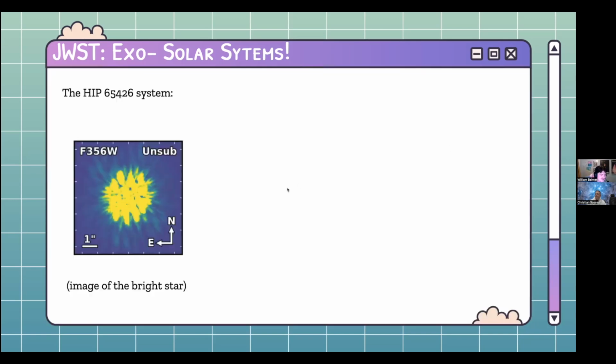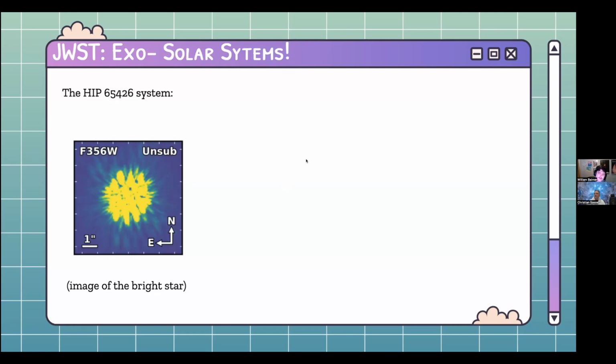And then this is one of the things that I worked the most on the past year or so. And this is pointing a very, very sensitive telescope at a very bright star. We threw a coronagraph in there for good measure. But this is the super bright star in the HIP 65426 system.